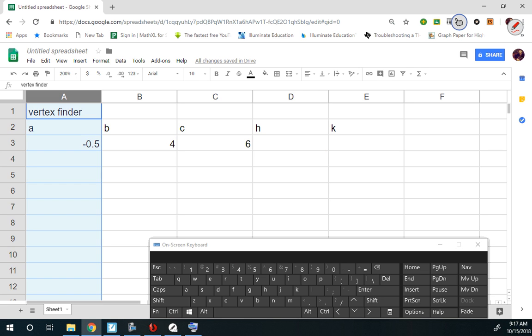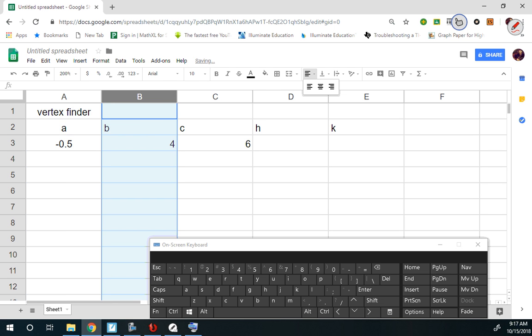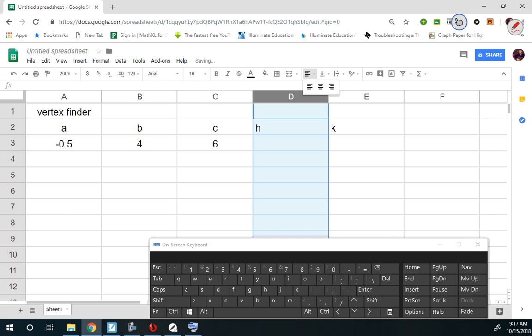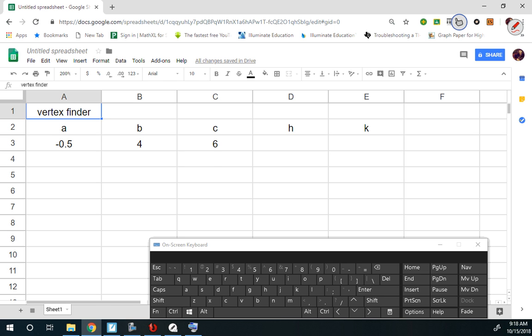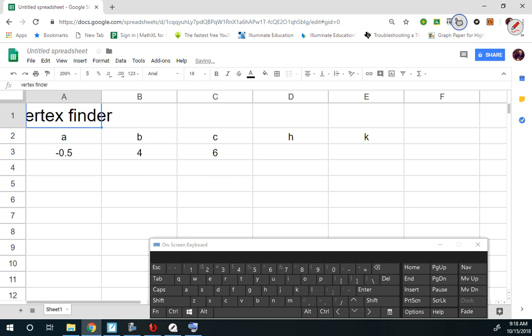So I'm going to go to column A. I just want to center these. It's just a thing I like to do. So I'll center each one of these. It's probably a faster way to do that. I could probably make this a little bit bigger font, maybe 18-point font.